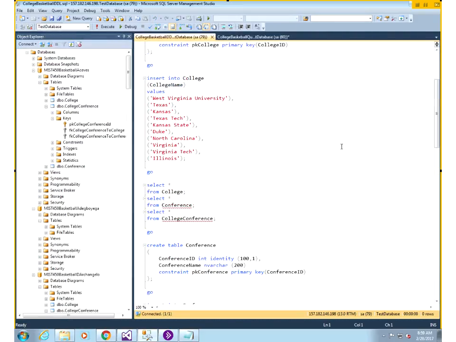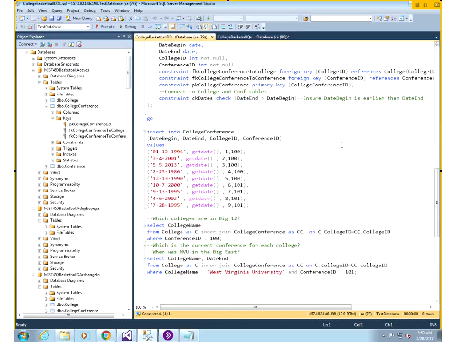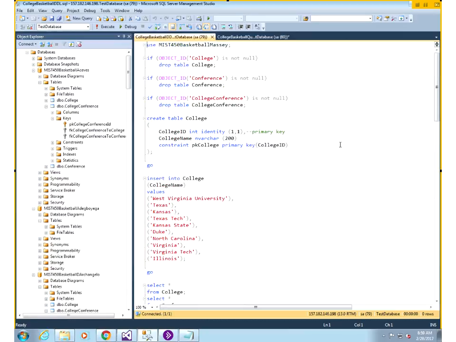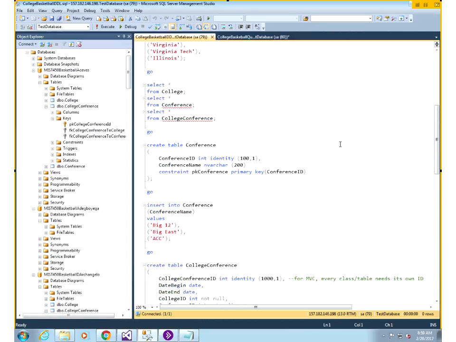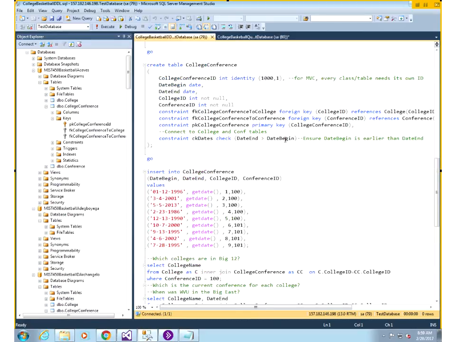Okay, so this is Logan's, and he has the conferences, and then what he has done is, instead of using the composite primary key, he has created this identity here.